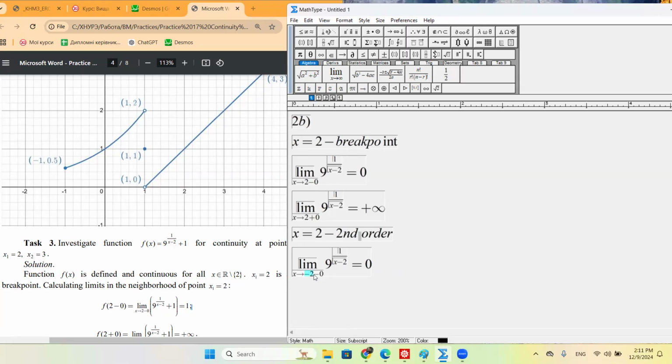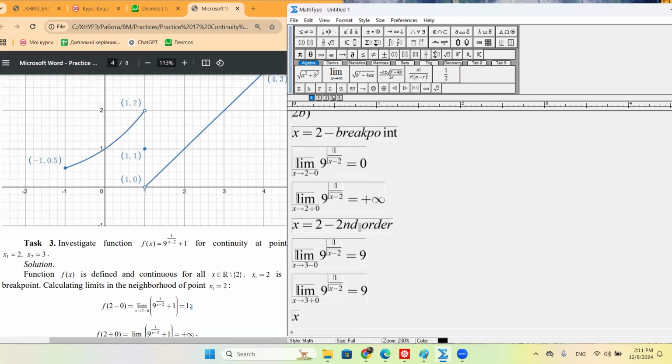Okay, so 3 minus 0 equals 9. And surprisingly, the same value, 9, but basically x equals 3 is not a breakpoint, and we just need to summarize it.